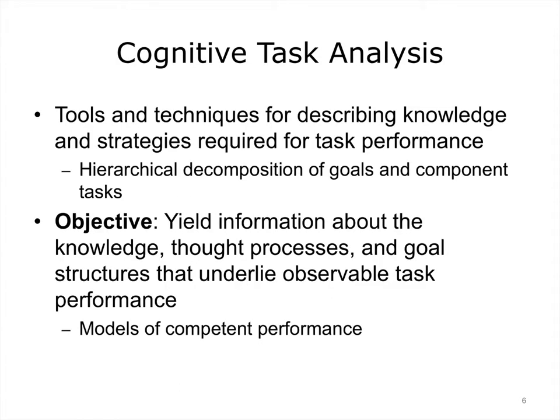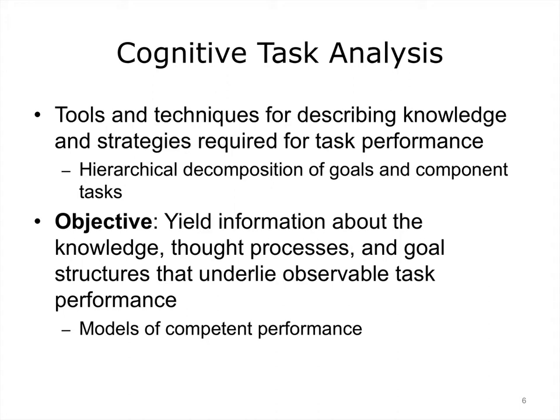Task analysis names a family of methods which details how something is accomplished, typically in a work setting. Identifying the tasks a system will support and how it will do so are important aspects of design. Cognitive task analysis, CTA, is a task analytic method for describing knowledge and strategies required for task performance.